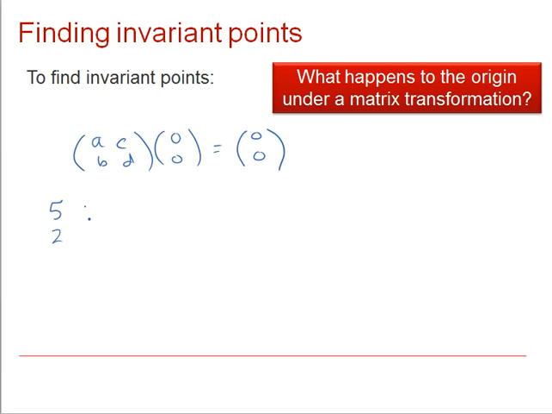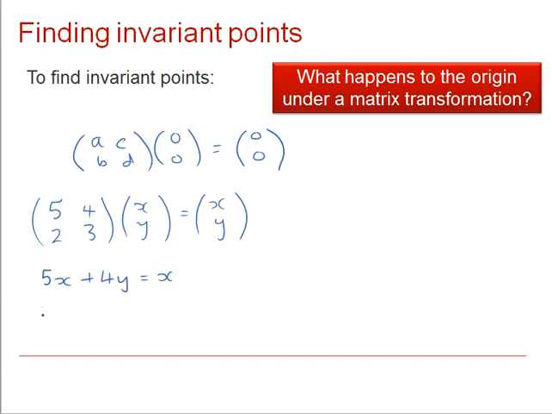If we have the matrix 5, 2, 4, 3 acting on x, y, where x, y is such that the image is the same, then we can set up some simultaneous equations. So the matrix multiplication would give us 5x plus 4y is the same as x, and 2x plus 3y equals y.